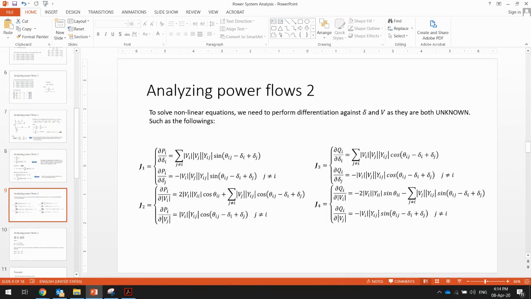Okay, whether you should memorize this or not. My recommendation is you should not memorize the partial differentiation equations that are shown to you over here.